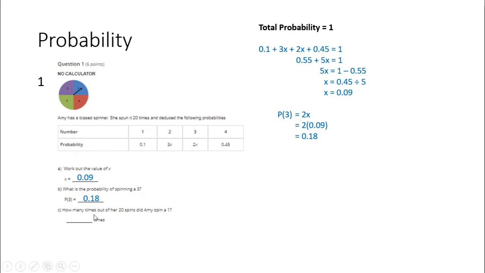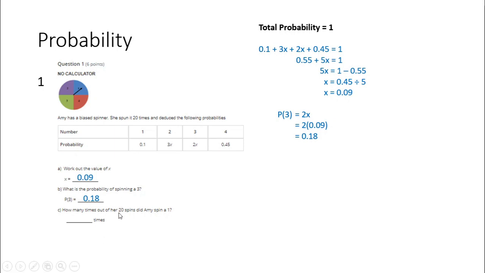Part C, how many times out of her 20 spins did Amy spin a 1? Okay, this is an interesting one. When you're saying what you would expect out of an experiment, you think about the probability of something happening, and 0.1 is the same thing as a tenth. I would expect to spin a 1 a tenth of the time.